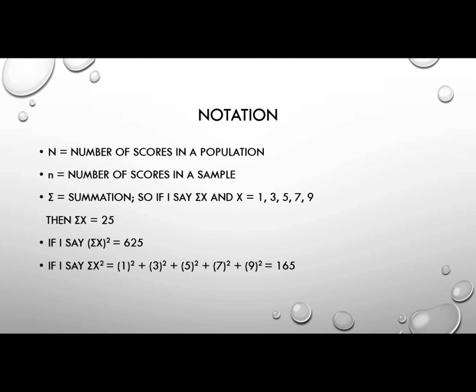So if I say the sum of sigma x, and the x is equal to 1, 3, 5, 7, and 9, then the sum of those x's, I add 1 plus 3 plus 5 plus 7 plus 9, and I get 25. So if I say the sum of x, quantity squared, then I put the square on the outside of that 25, and I get 625. But if I say the sum of each x squared, then I have to square them individually, and I get a different number. So you just have to be careful.